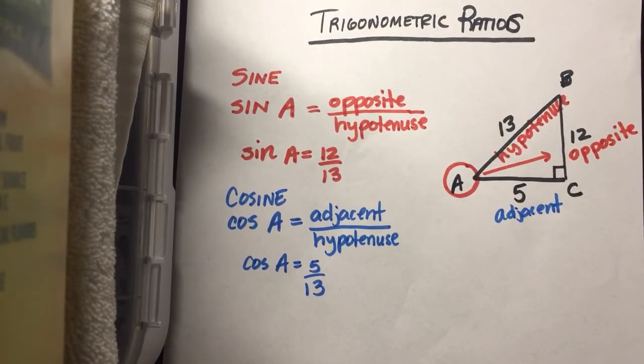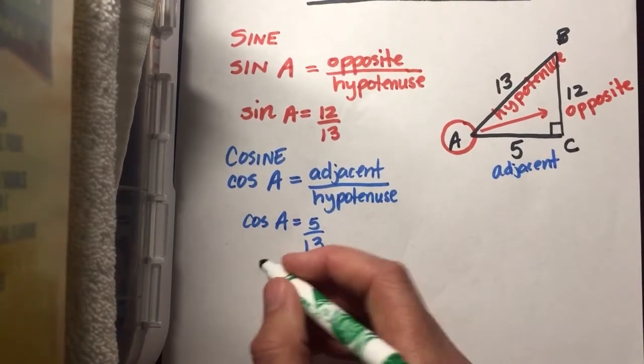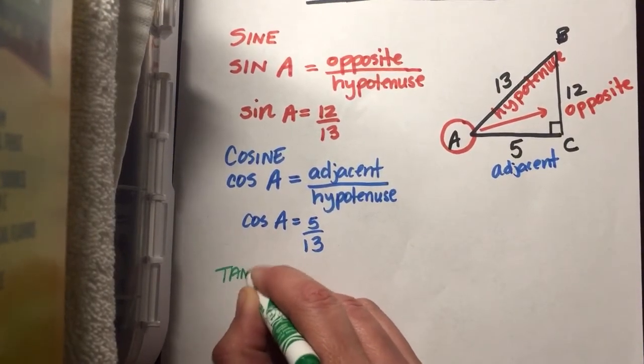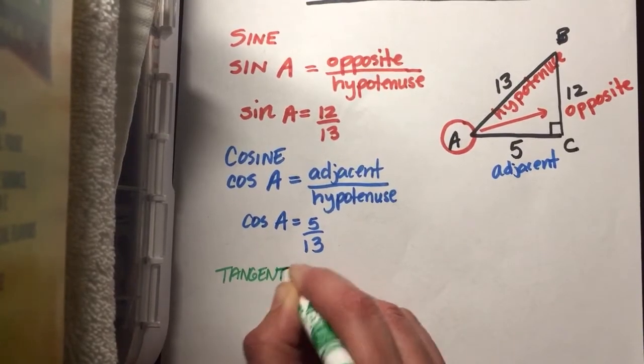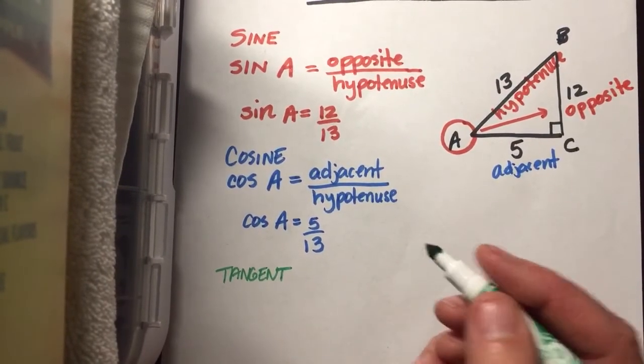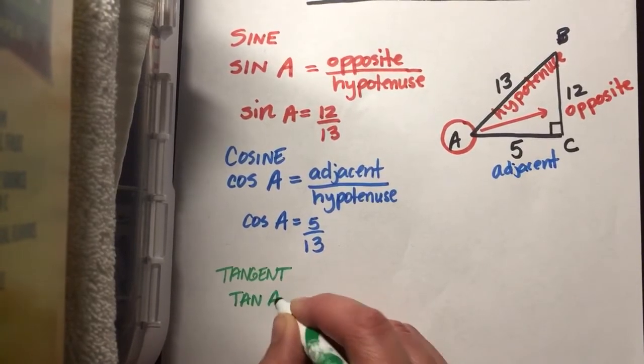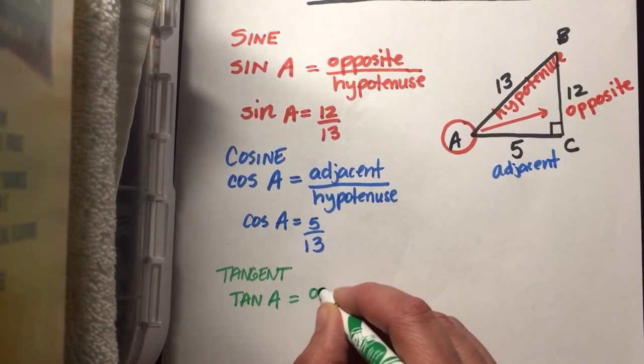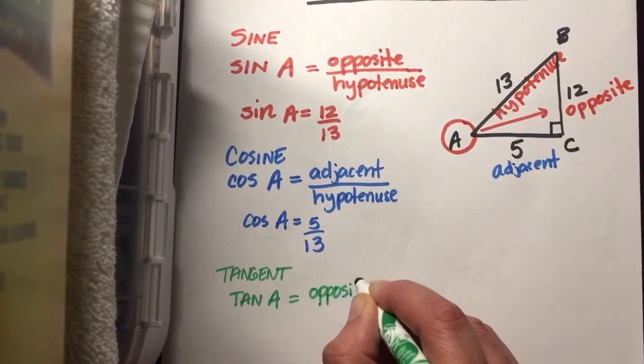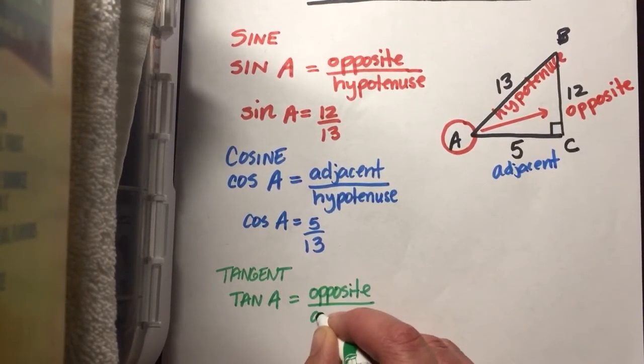So let's look at the last one, which is tangent. Okay, so I'm going to slide this up a little bit. Tangent is the last function that we're going to deal with. And we just use three letters, so it's going to be tan. So I'm going to have tan of angle A. And tangent is the opposite over the adjacent.